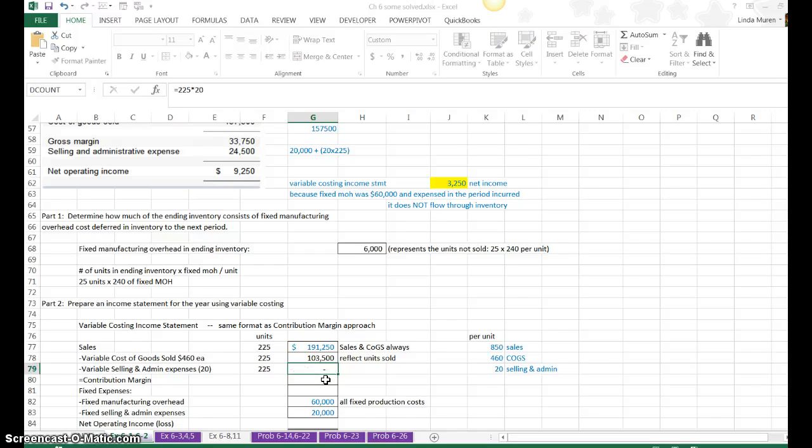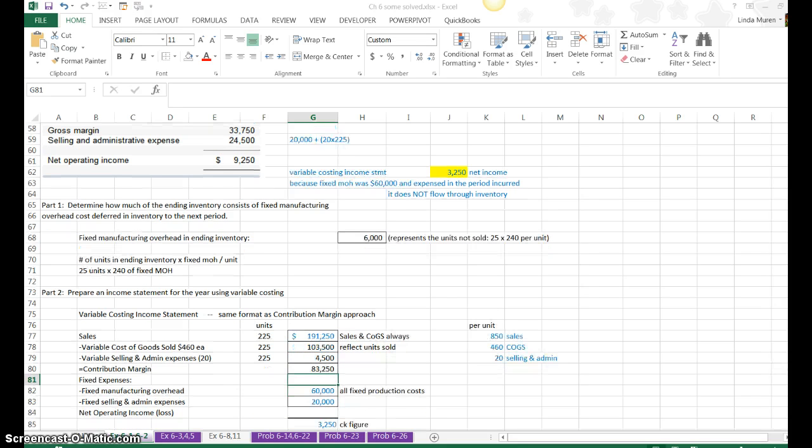So I'm going to multiply by 20. I'm going to calculate my contribution margin by subtracting. And then I'm subtracting my fixed expenses. So 3,250, that's what we got. And that's what we predicted it would be, because we knew that the difference was going to be that 6,000 that is still sitting on the balance sheet.